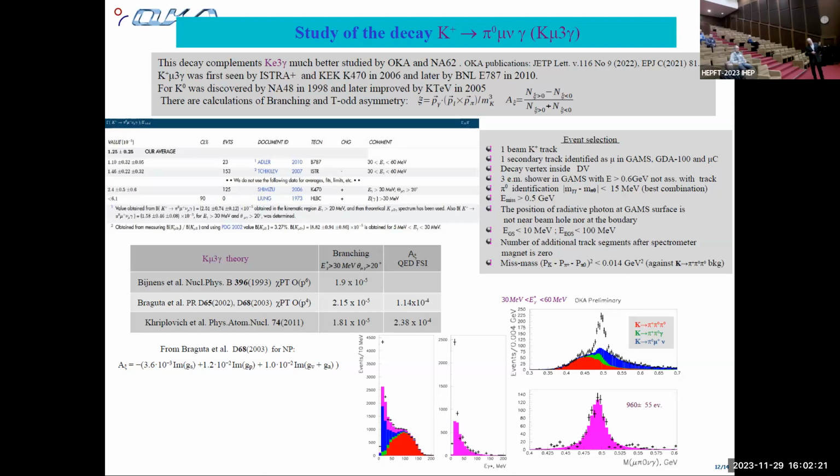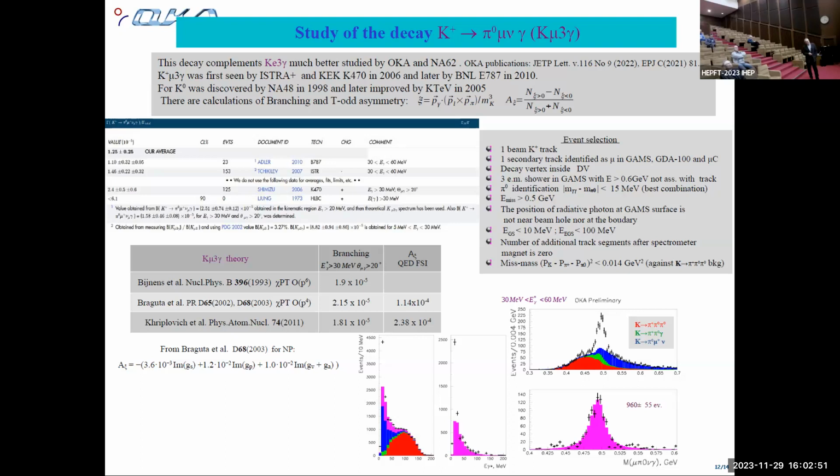It's a mixed product of the vectors of photon, lepton, and pion, and so it's one reason why it's interesting. Another one is that there are quite precise calculations in chiral perturbation theory.